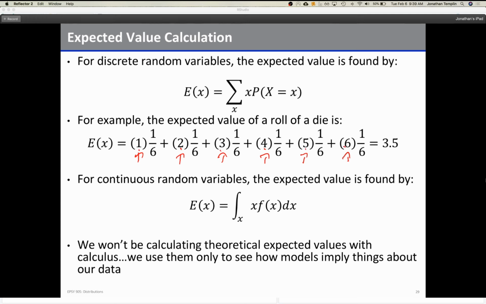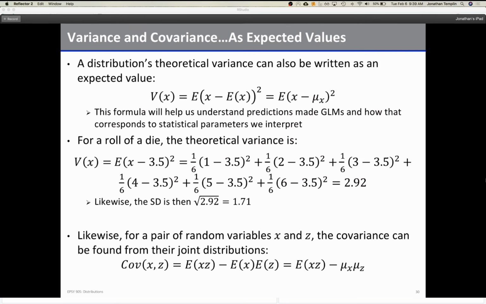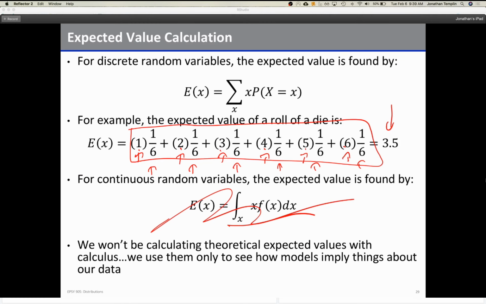We have to weight each by the probability that outcome occurs, so 1/6, let's call it a fair die. We take this weighted sum, and we see that the mean of that die is 3.5. And again, for continuous variables, we replace the sum with the integral, but nobody wants to do that. But sure enough, the expected value itself is a fairly straightforward idea.